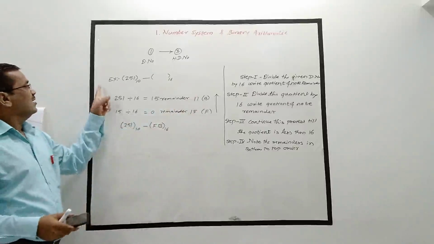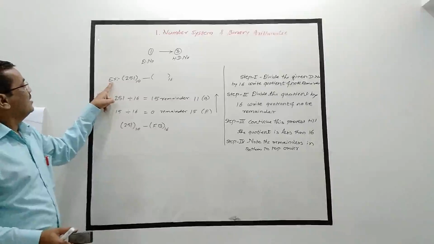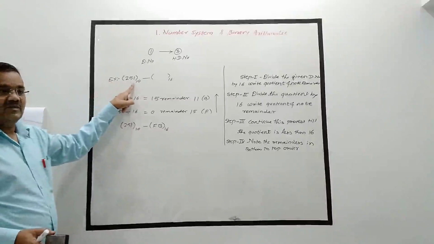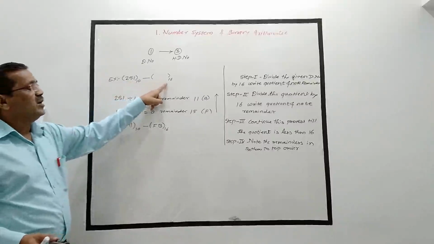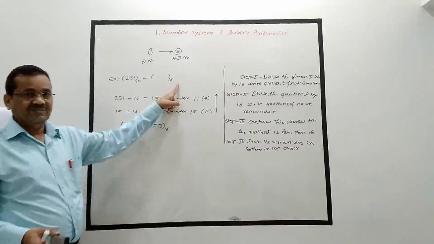Now let us consider one example, that is decimal 251 is to be converted into hexadecimal number system.